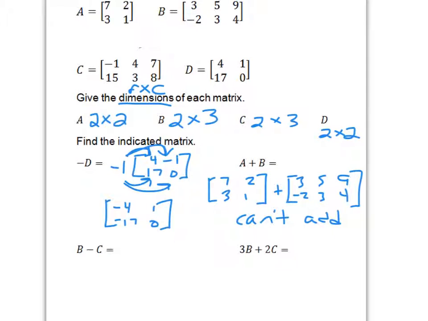So what if instead we wanted to do B minus C? I can do B minus C because they both are 2 by 3 matrices. So order matters with subtraction.